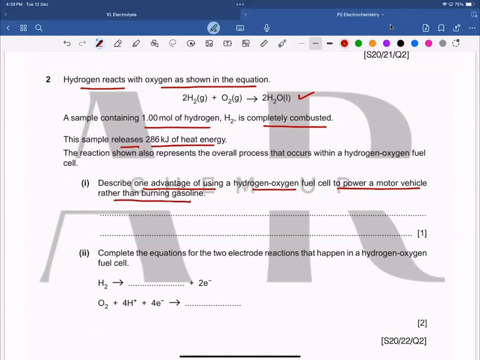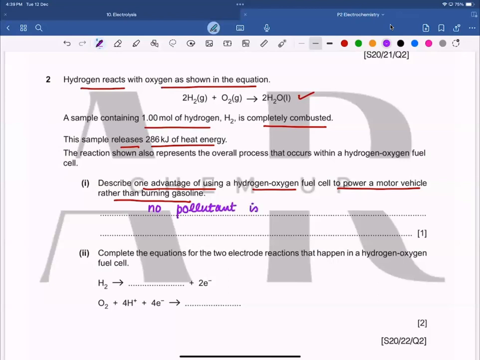It will be cheap. What else? Pollution. Good. No pollutants are produced in a hydrogen fuel cell. Water is produced. And another benefit?